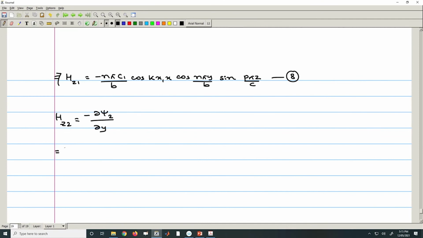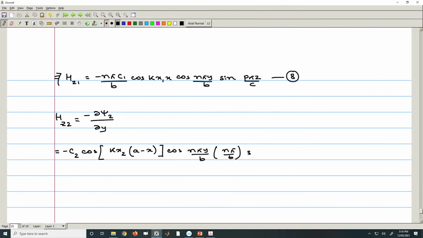That will give us minus of C 2 cos of k x 2 a minus x. Okay. So, differentiating with respect to y, we will have cos n pi y upon b and then n pi by b. Okay.